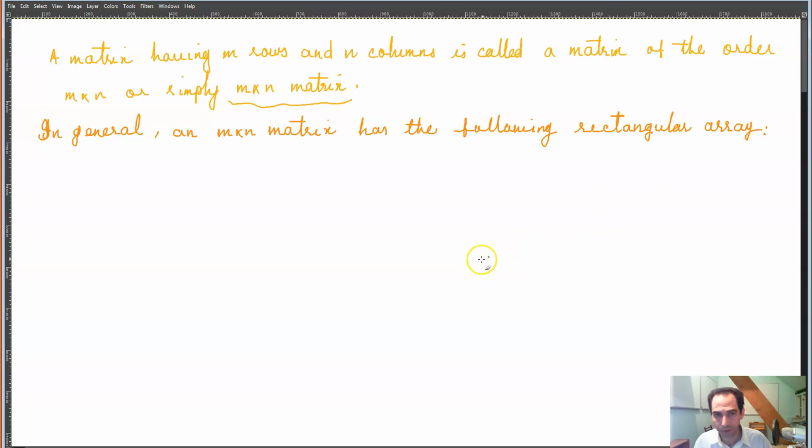So basically, first of all, the matrix is denoted by some capital letter. For example, you can say that A is such and such a matrix.